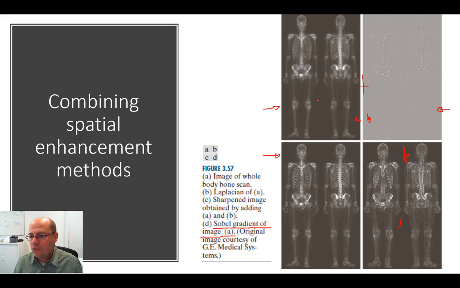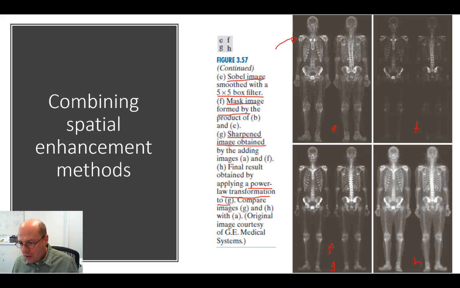Again, that depends on what you want to do with the image. For my untrained eyes, I'm not a surgeon, I'm not a medical doctor, I think this image here, G, has more information. The information here is clearer than H, although I don't see the tissues, right?